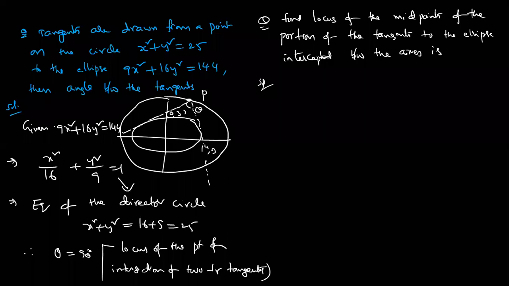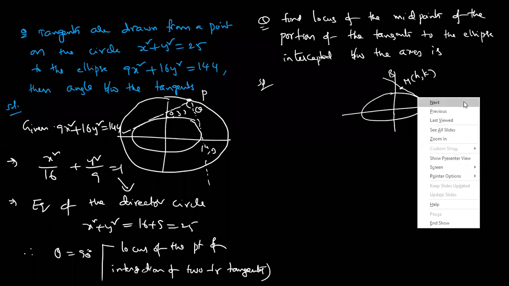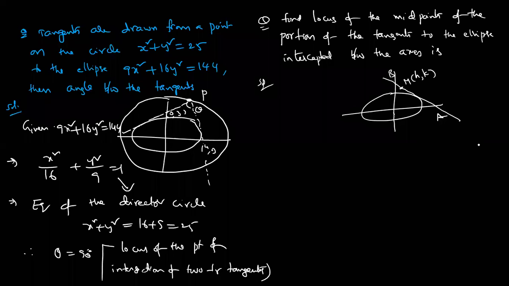What is the answer? Let's see. Suppose this is the midpoint M(h, k). Consider the equation of the ellipse x square by a square plus y square by b square is equal to 1.